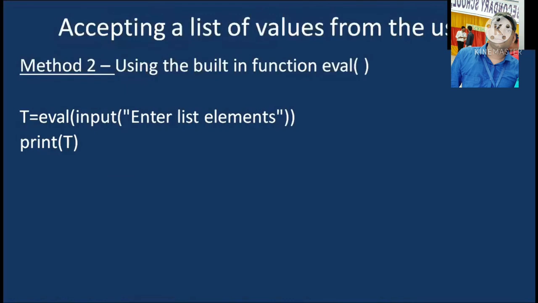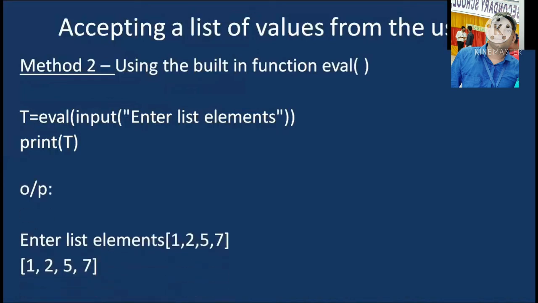So a message goes to the user: enter list elements. The user enters the elements within square brackets, each element separated by a comma, and whatever the data type of the element that you write, that is going to be the data type in the list also, whether you write an integer, a string, and so on.